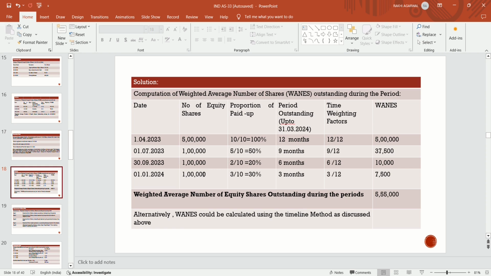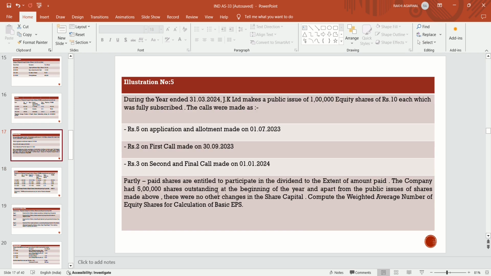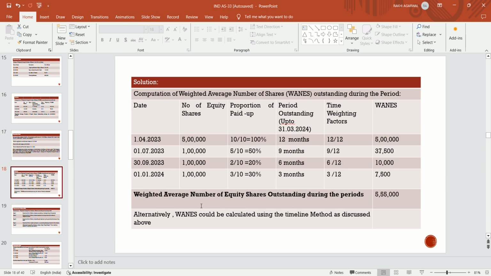On 1st January 2024, rupees 3 is to be received on the second and final call on 1 lakh shares. So 3 divided by 10, it becomes 30% amount received on the final call. So 30,000 shares for 3 months.